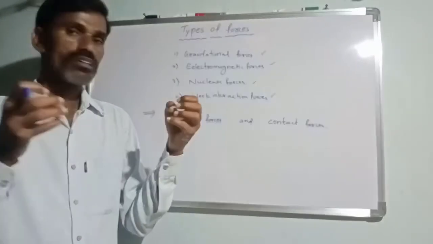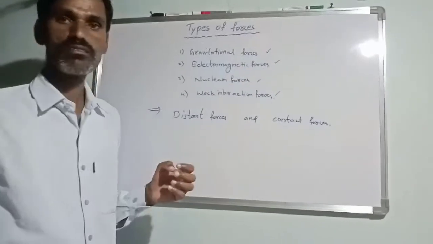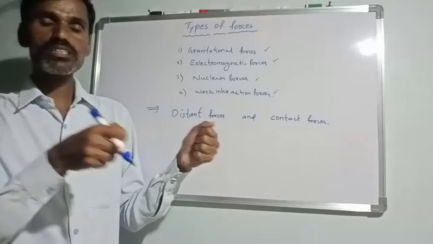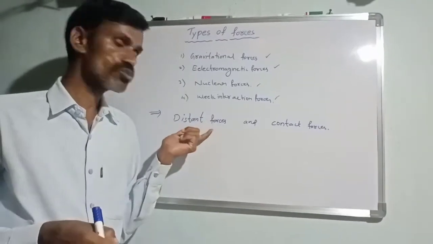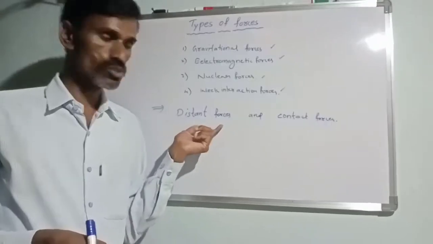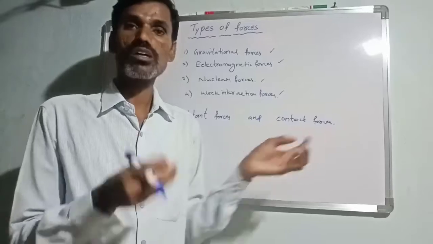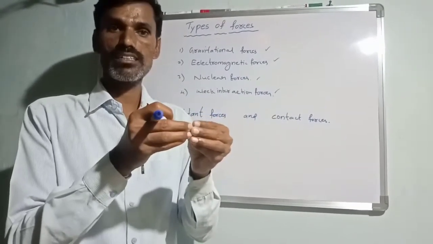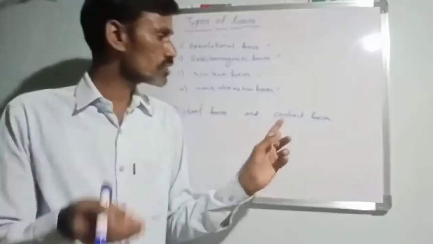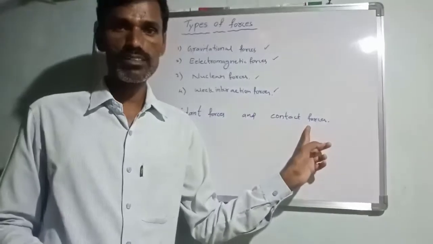In all these there is no need for the objects to contact, so those forces are called distant forces. Now contact forces: in contact forces, the two objects need to be in contact with each other, and then the force between the objects is taken as a contact force.